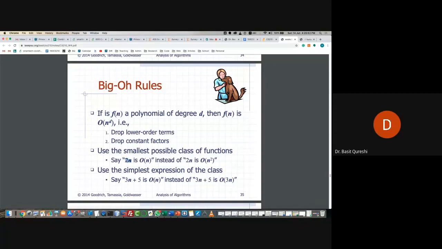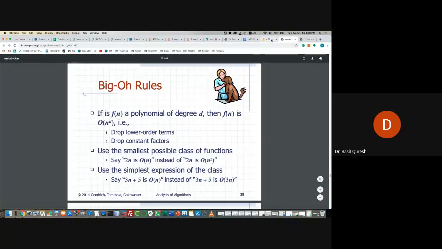If I have 2n squared, I will say that this is big O of n squared. We ignore the constant before the term itself. The power stays. If I have 3n plus 5, this is big O of n because we ignore the constant and the coefficient of the term.